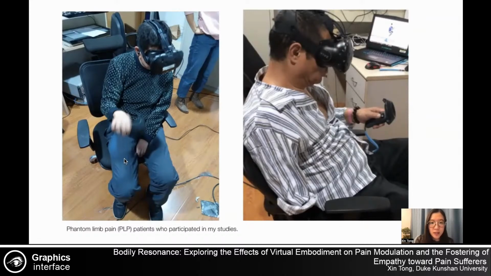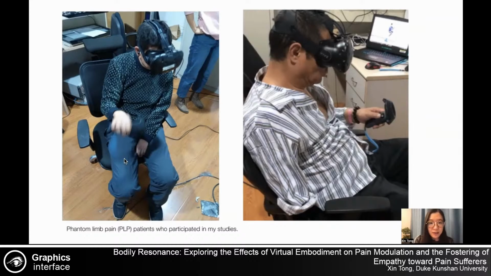To participate in my study, he took a 3-hour flight and stayed in a new city for 1 month with his wife, just because he wants to try out possibilities that may help his situation. Similarly, on the right, this amputee patient spent 4 hours with his caregiver in a train for a single trip to the lab. Can you imagine this is the life for most of them?